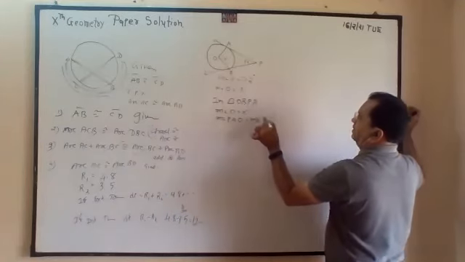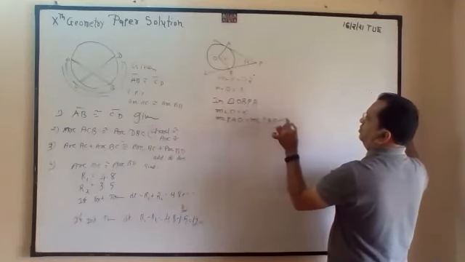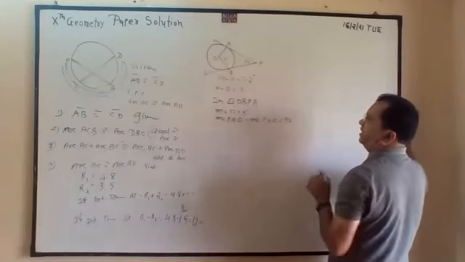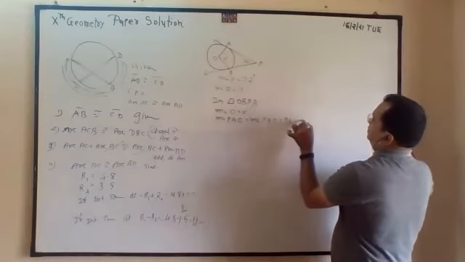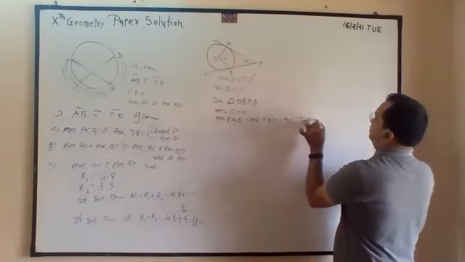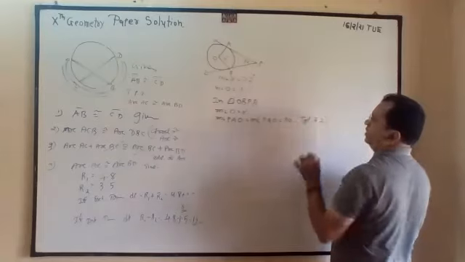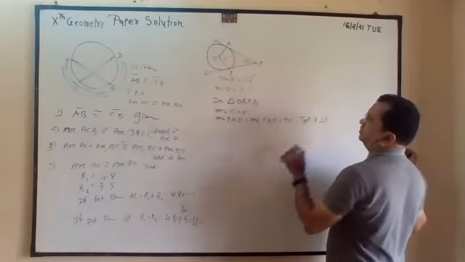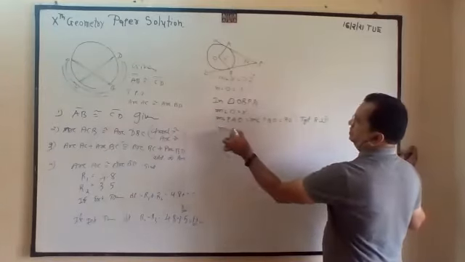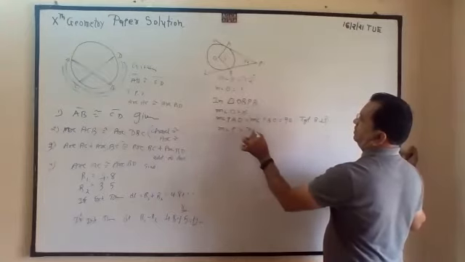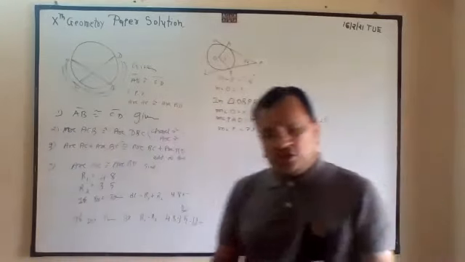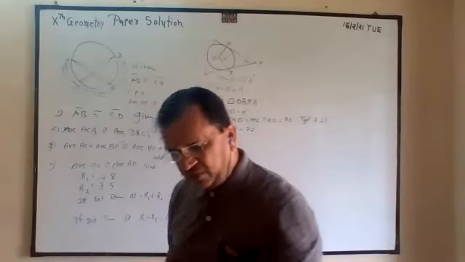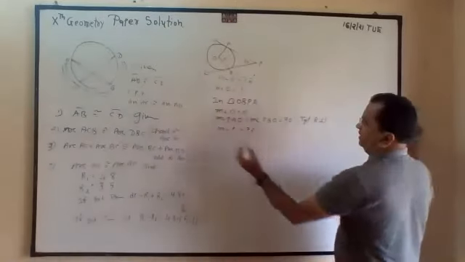Measure angle PBO is equal to 90, tangent radius perpendicular theorem. Measure angle P is equal to 72 degrees. All four angles information I have written.